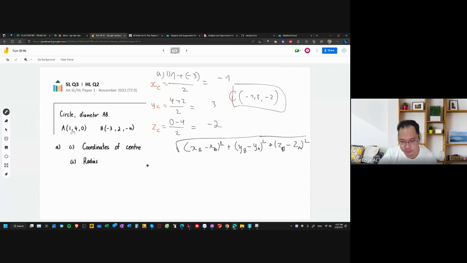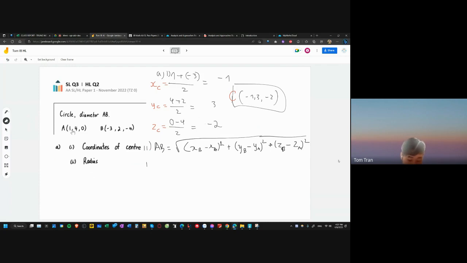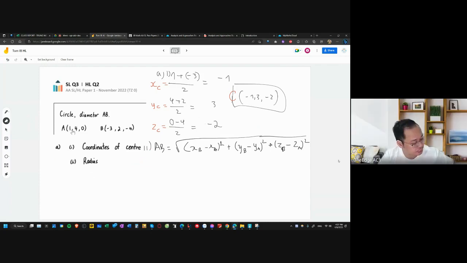Meaning adding the squares of the differences between those coordinates. This is the distance AB. That formula is provided in the booklet. And then divide that distance, the length AB, by 2 to get the radius.